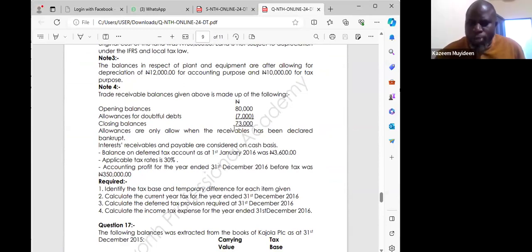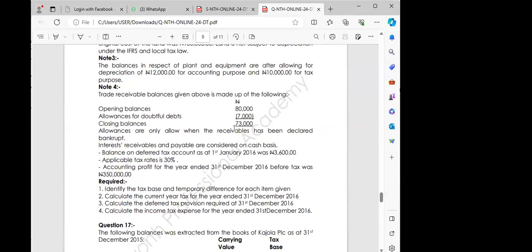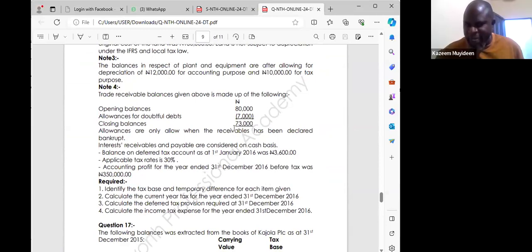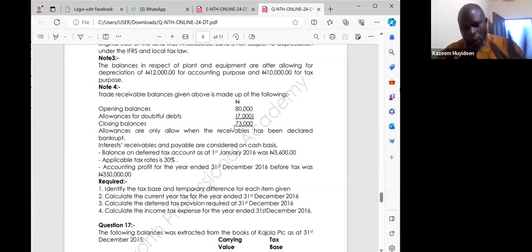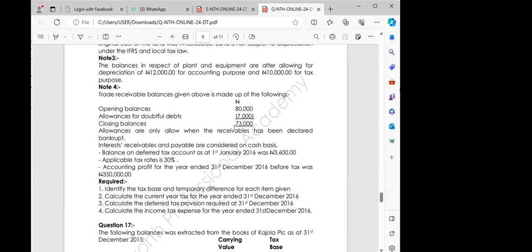And calculate the income tax expense, which is the movement in deferred tax plus the current tax for the year ended 31st December 2016. Immediately you can understand all this. My brothers, please, no more deferred tax. If you come, it's a walkover.